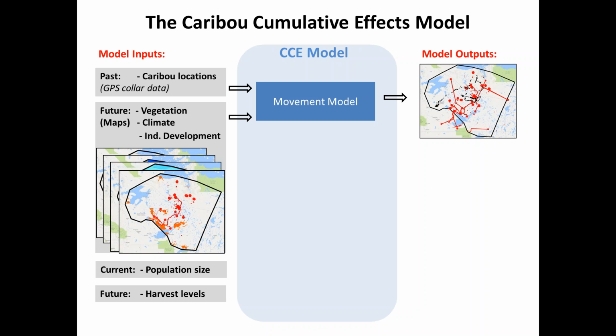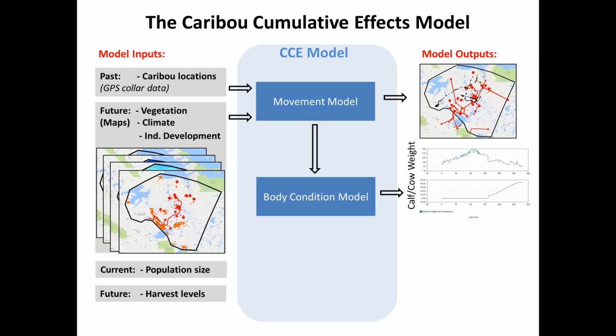The first of these submodels is a movement model, and it basically projects future movement patterns of caribou as well as the future pattern of industrial development on the landscape. The outputs of this submodel are fed into a second model called the body condition model, and its purpose is then to project changes in body condition of caribou over time in response to changes in its environment.